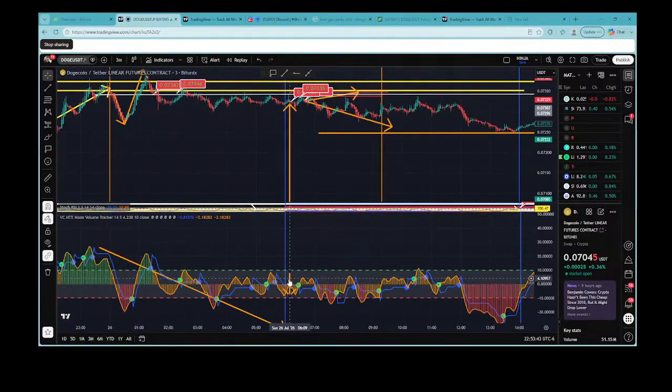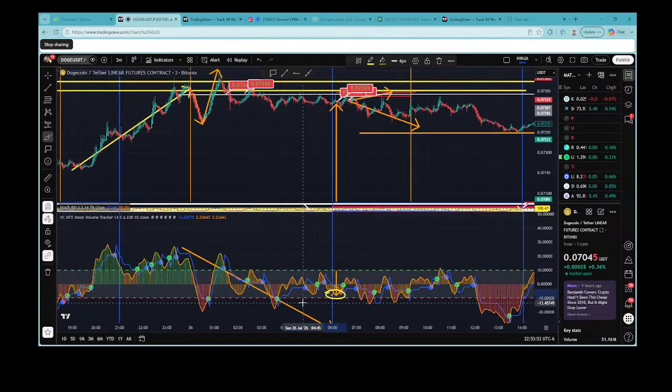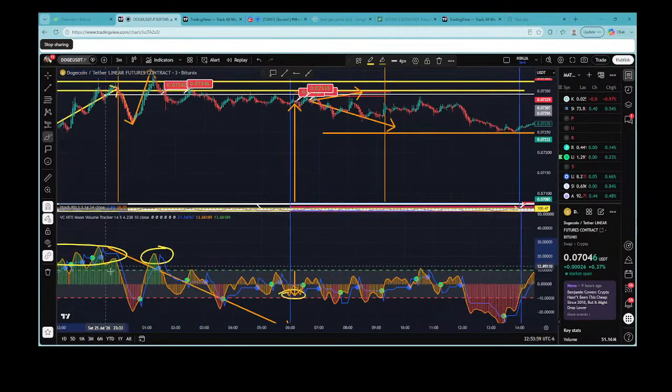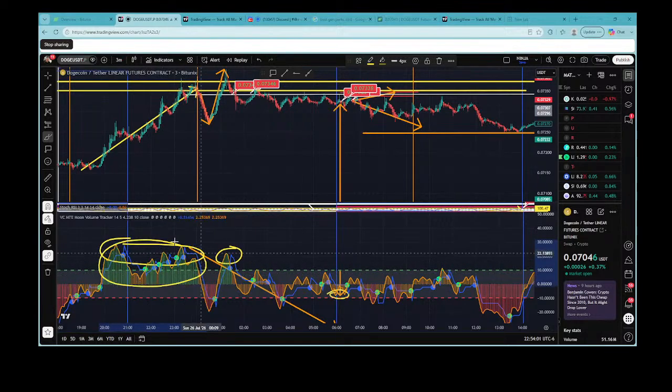When this entry happens, the volume's already negative. So a lot of times I would skip this one, because the short that I would have done would have been over here. I want the volume to break up and show me a big chunk, and then when it dipped, I would short this one here, because that's a positive value.